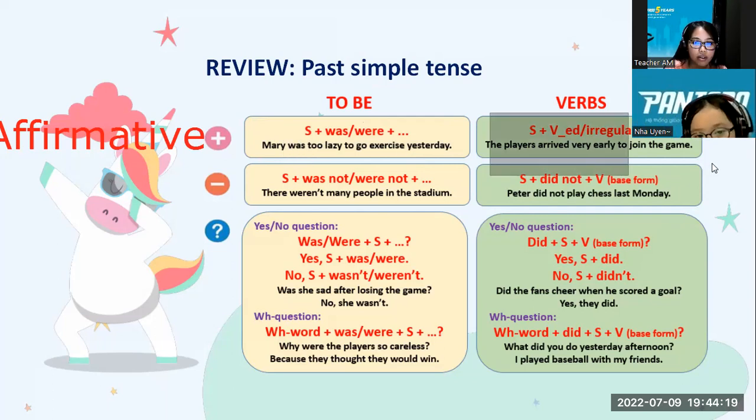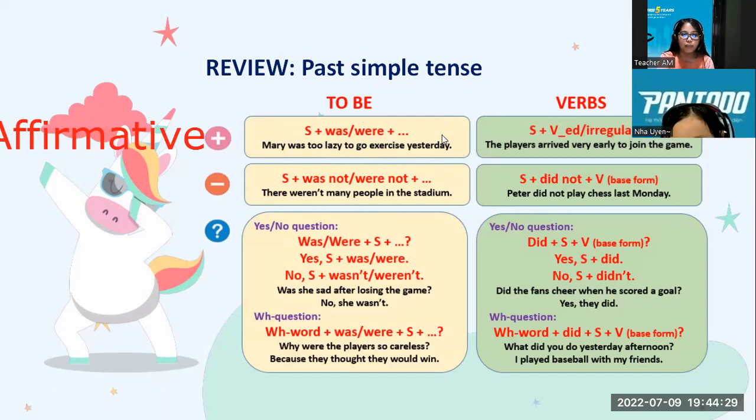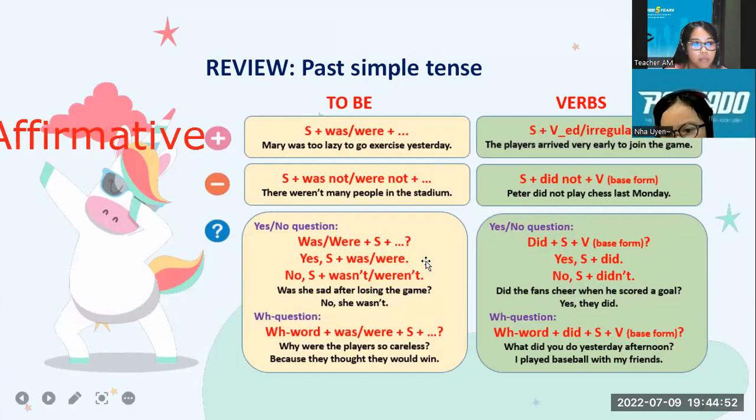So we have here the verbs: subject plus verb that ends with ed or irregular verb. For example, the players arrived very early to join the game. What is the subject in this sentence, Uyen?